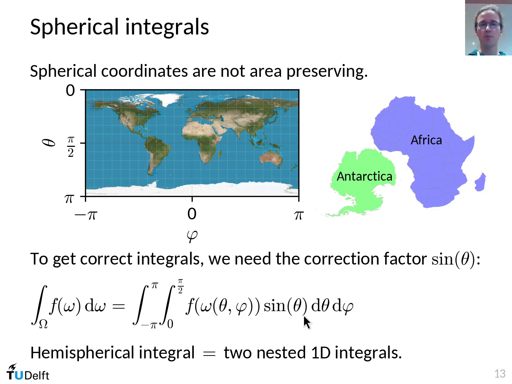And then we multiply this by sine of theta, so that if theta is close to one of the poles, we have a smaller factor here, and thus we compensate for this area distortion. And in these integrals, phi goes from minus pi to pi, and here theta only goes from 0 to pi over 2, because we only want to integrate over the hemisphere, not over the entire sphere. And with that, we have a useful definition of integrals over a hemisphere.